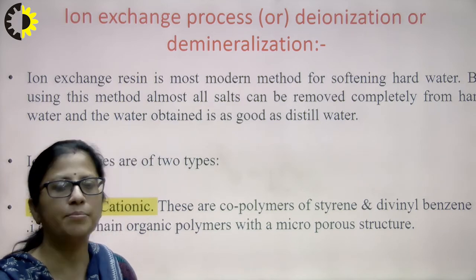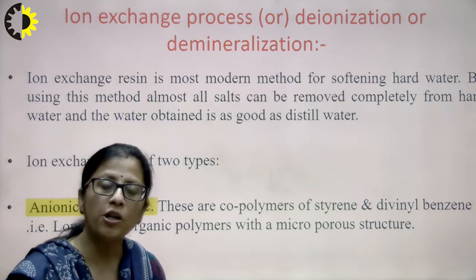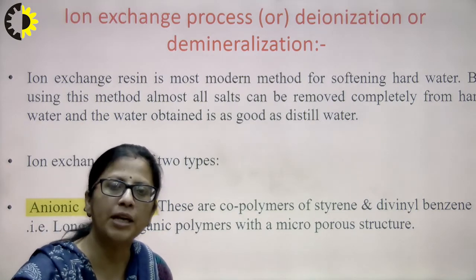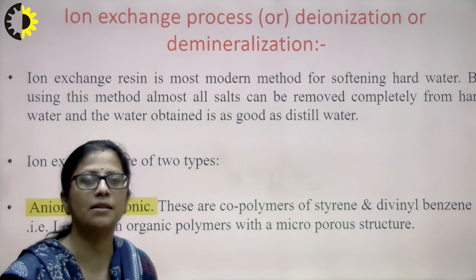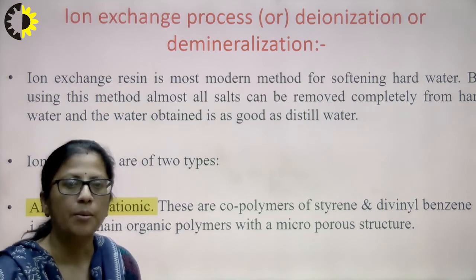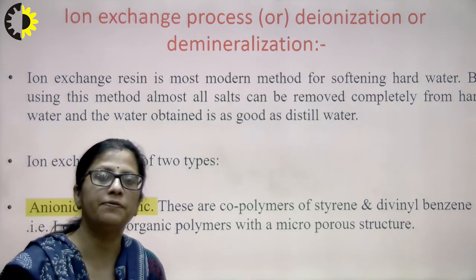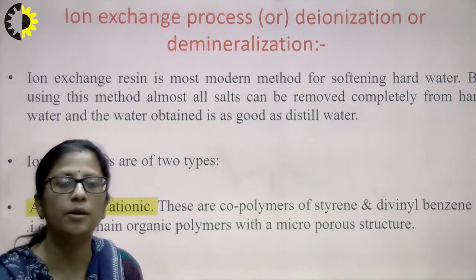By using this method, almost all salts can be removed from hard water and the water obtained is as good as distilled water, because by this process I am going to remove all the different ions which are present in the water.